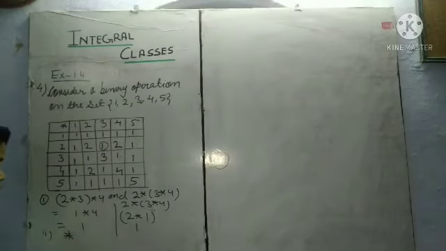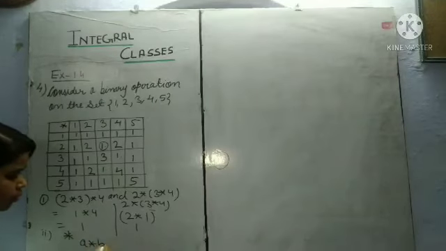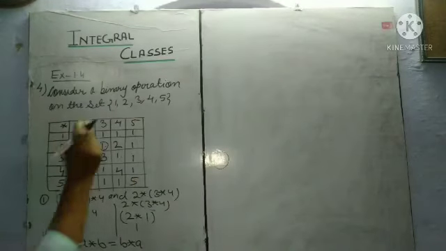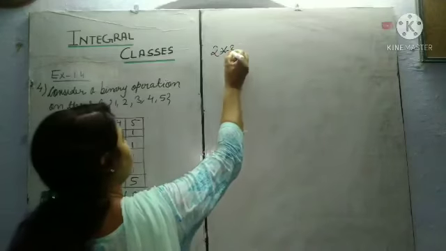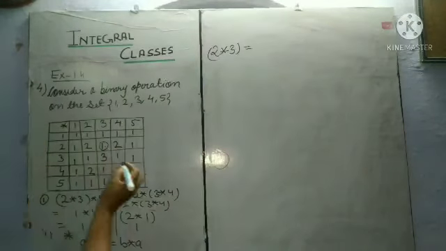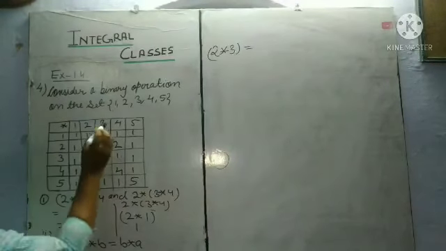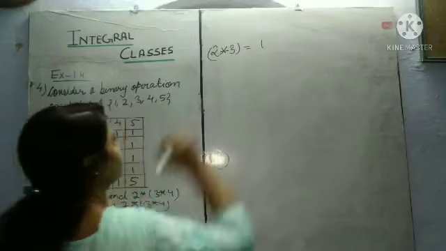So student, for commutativity we know that A star B equals B star A. Now suppose the example is 2 star 3. We will find the value of 2 star 3 from the table. From the second row we go to the third column. 2 star 3 is what? We get 1. So the value is 1.